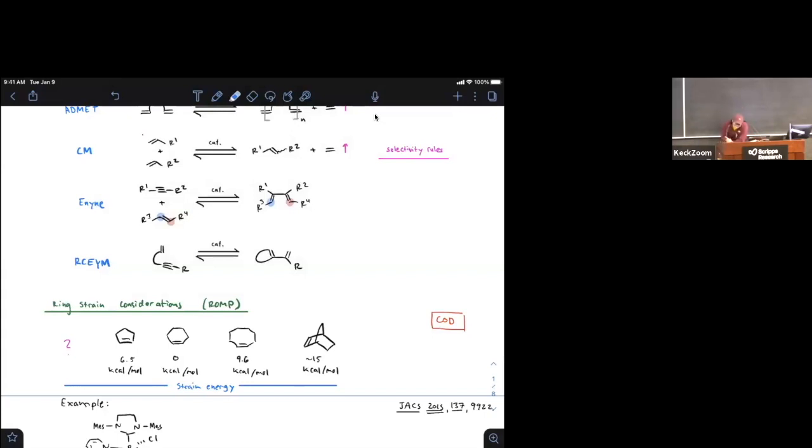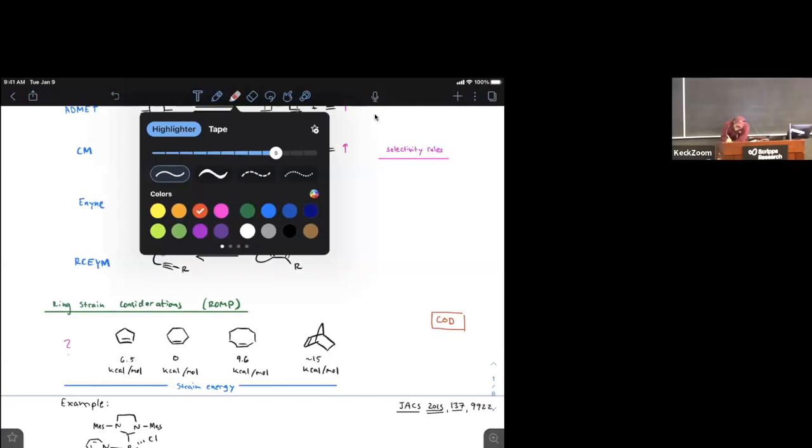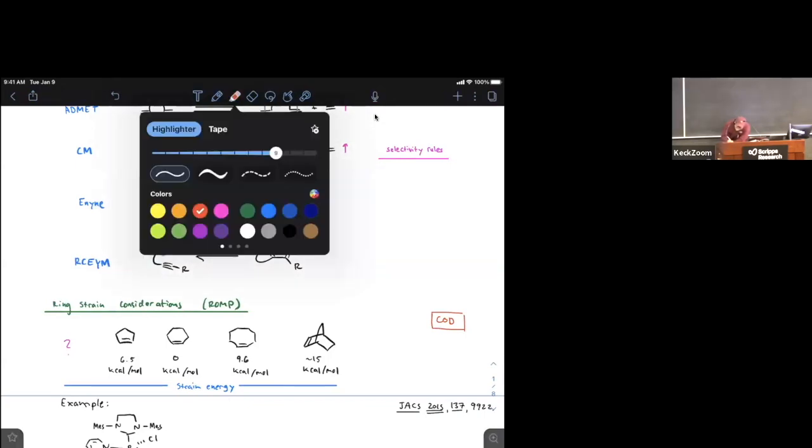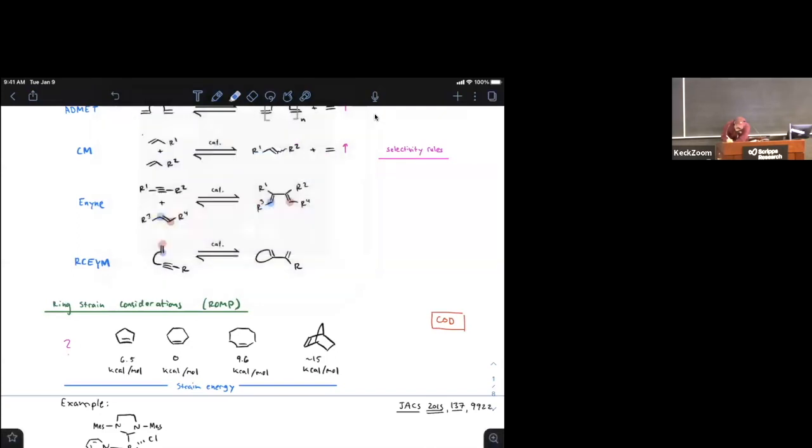And this works. If you have a better way to do this, then you can tell me after class, and maybe I'll steal that way. But for me, this has always been a useful, quick and dirty way to predict what the product outcomes are from the inputs.